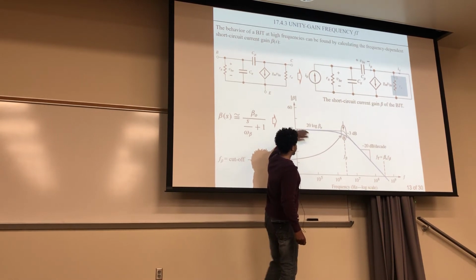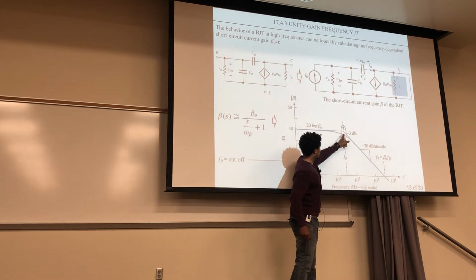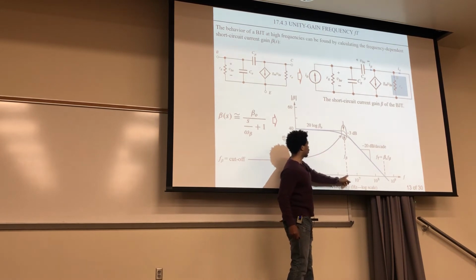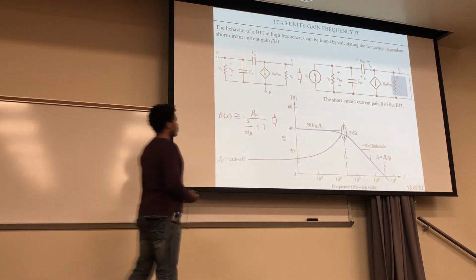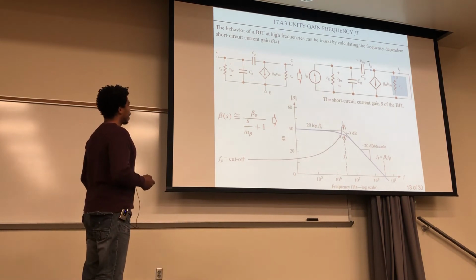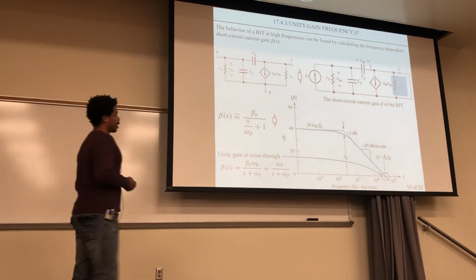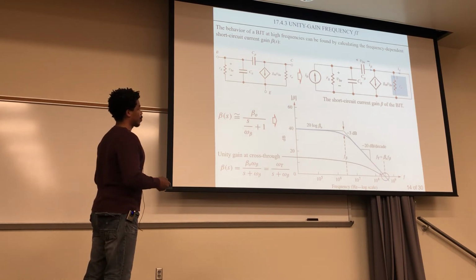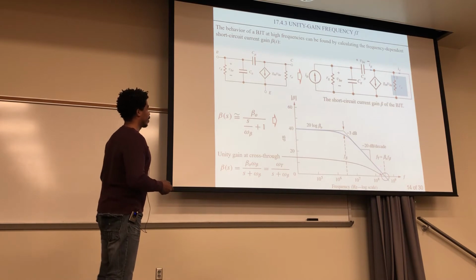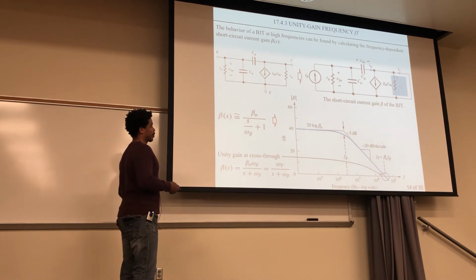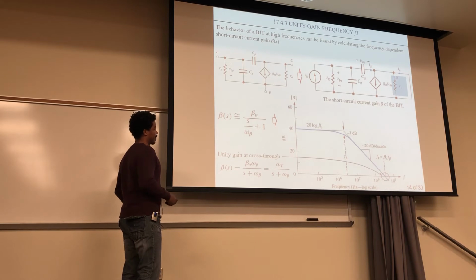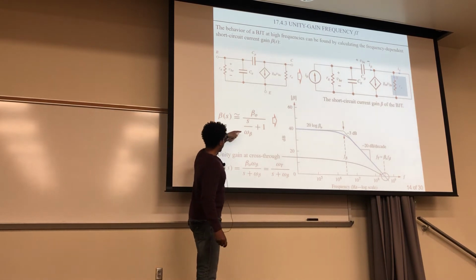Okay, and this point right here, we've seen this before in a previous chapter, but this is your unity gain. And that's where this part right here crosses through, right here at 0 decibels, which is amplification of 1. So in that case, you could take this, multiply the top and the bottom by your beta cutoff frequency. You'll get this expression, where now you have beta here, and also you have this omega beta there.